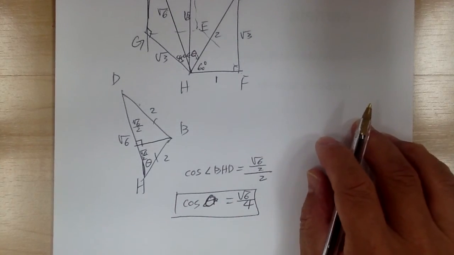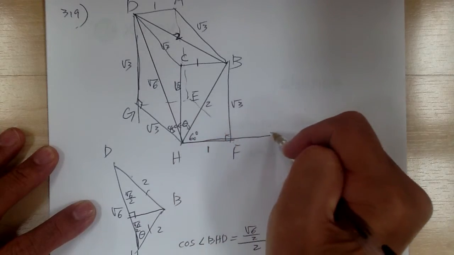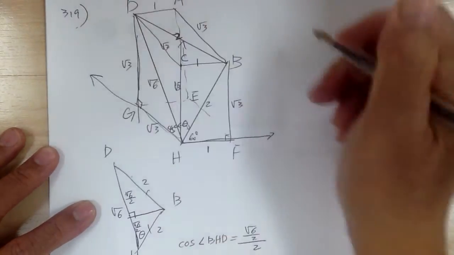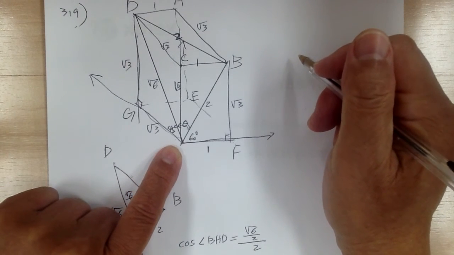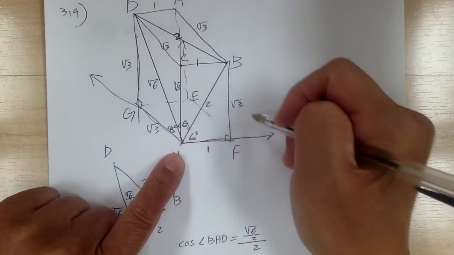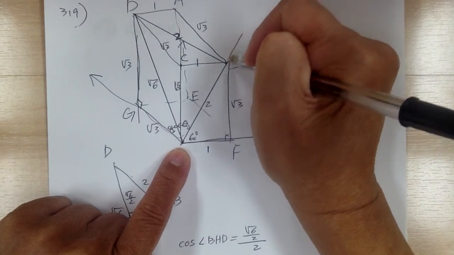Now another method of solving this problem is to use vectors. So you're looking for the angle between the vectors.